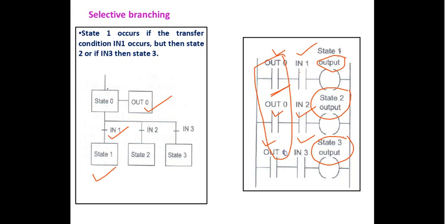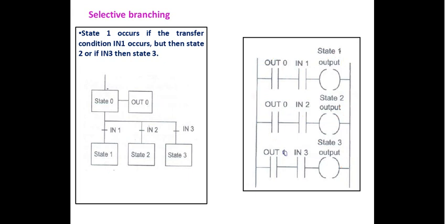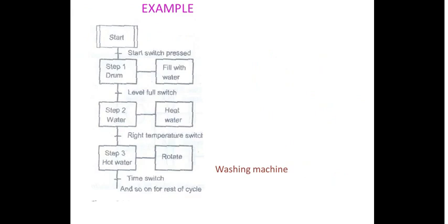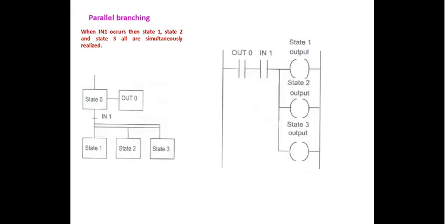So this is very similar to having three different appliances turned on by one particular switch. That's what you can take, right? I have got one main switch. When I turn it on, the three different appliances getting simultaneously turned on is represented by the parallel branching operation. When input 1 occurs, then state 1, state 2, state 3 are all simultaneously realized.